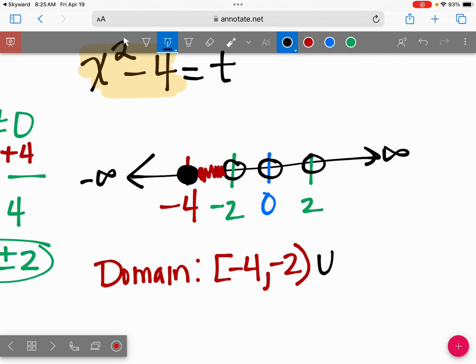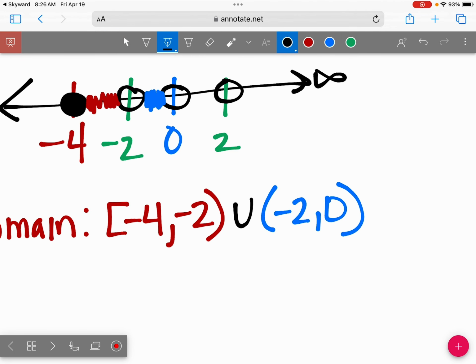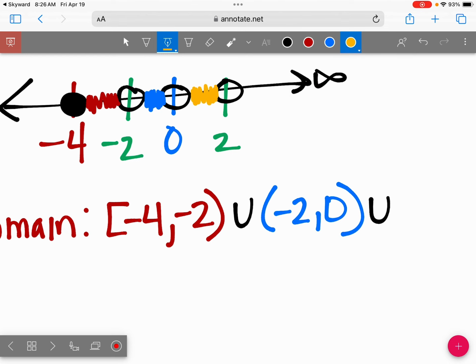Union. Then I get to my second interval, which is the really short little drive right here, between negative 2 and 0. Then I have to stop again. And I have another short drive right here, between 0 and 2.